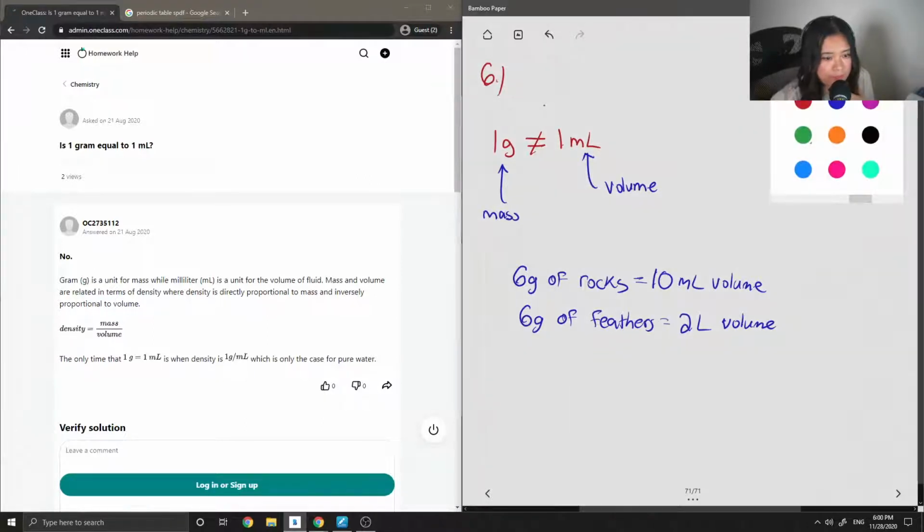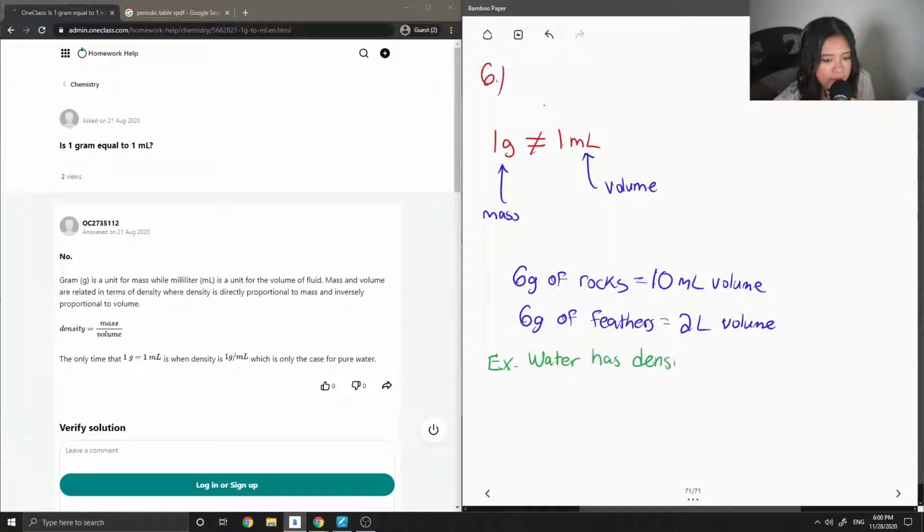The only time where it does is for pure water. So water has a density of 1 gram per milliliter.